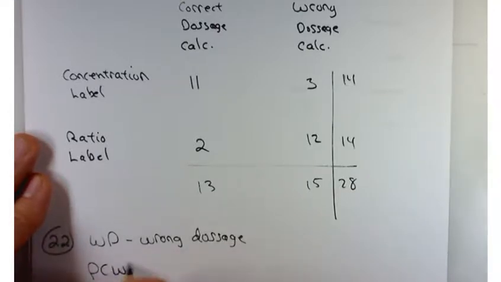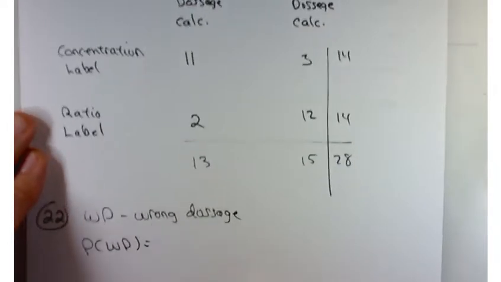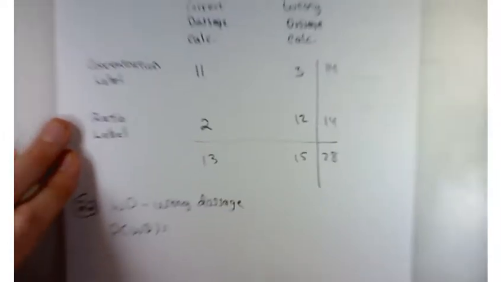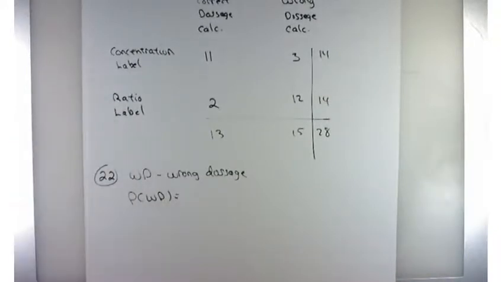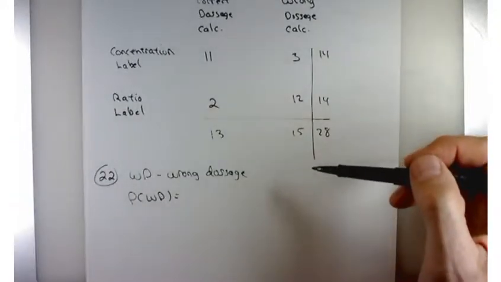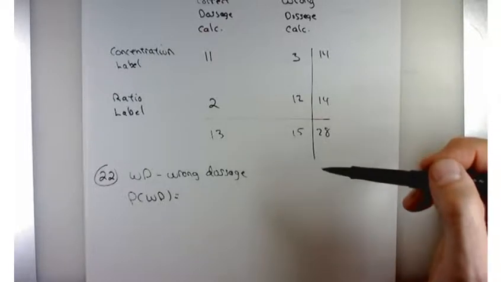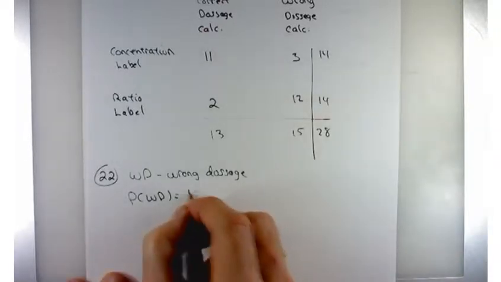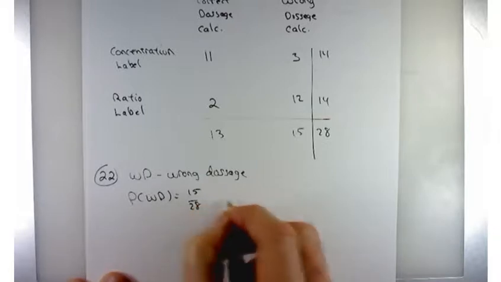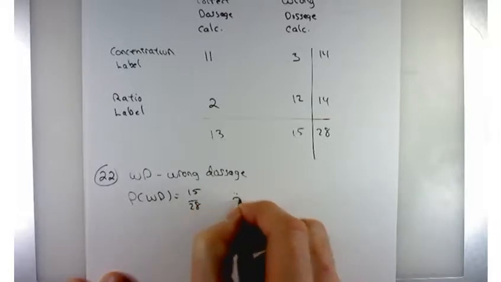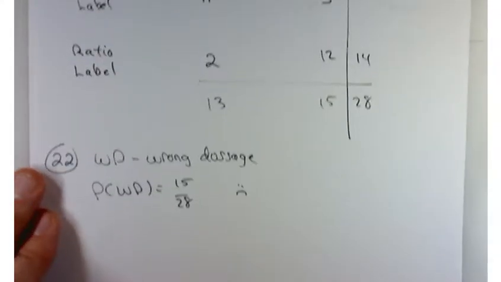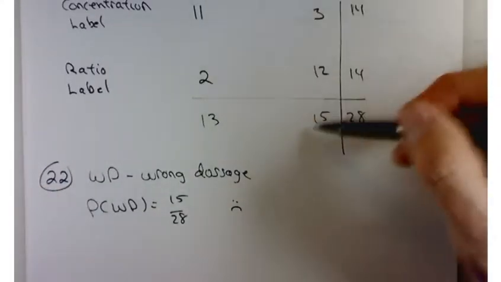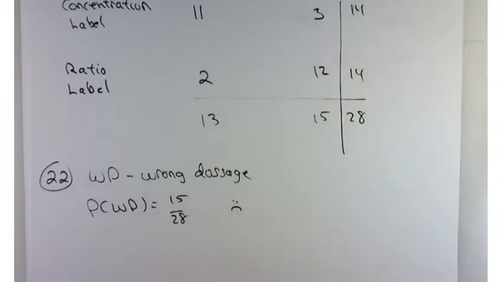Probability of WD will be what? Yeah, 15 over 28. More than half the doctors in the study. That's not reassuring. 15 over 28. A little frowny face on that one for sure. Yeah, there's 15 wrong doses out of 28 people in this little study.